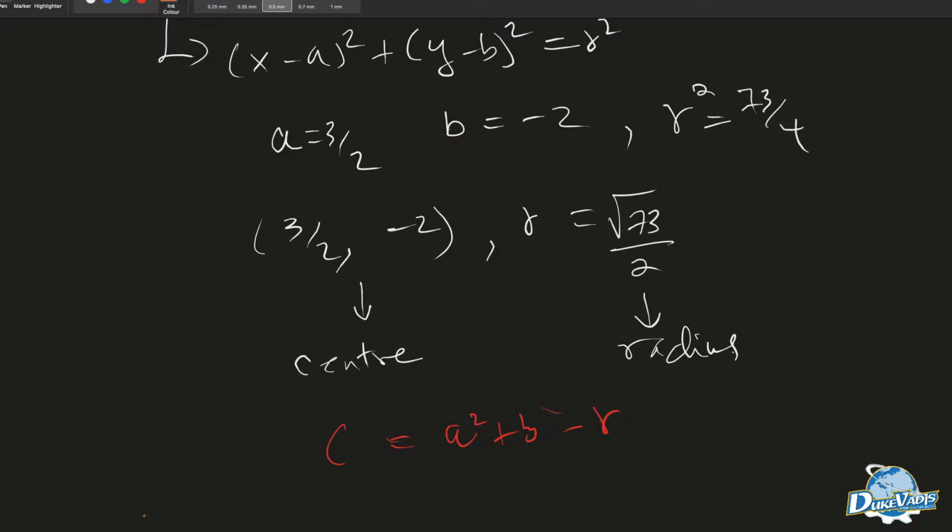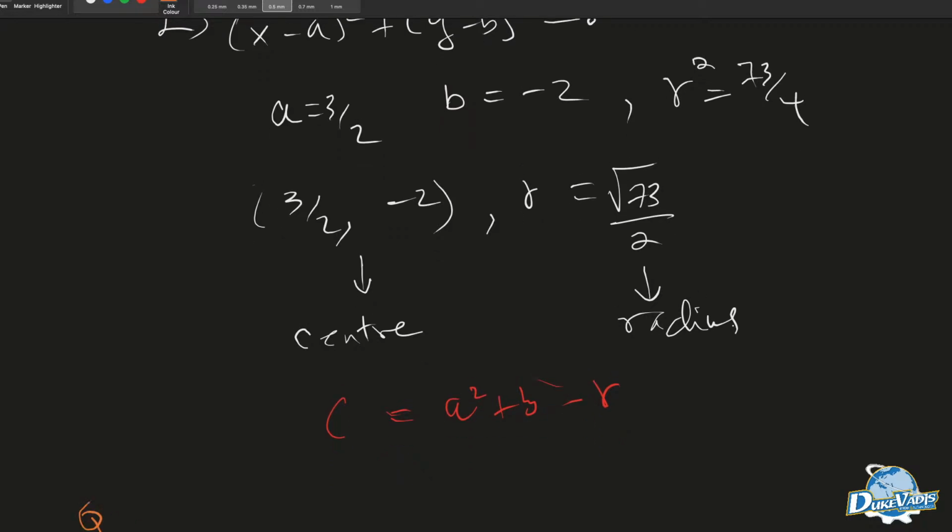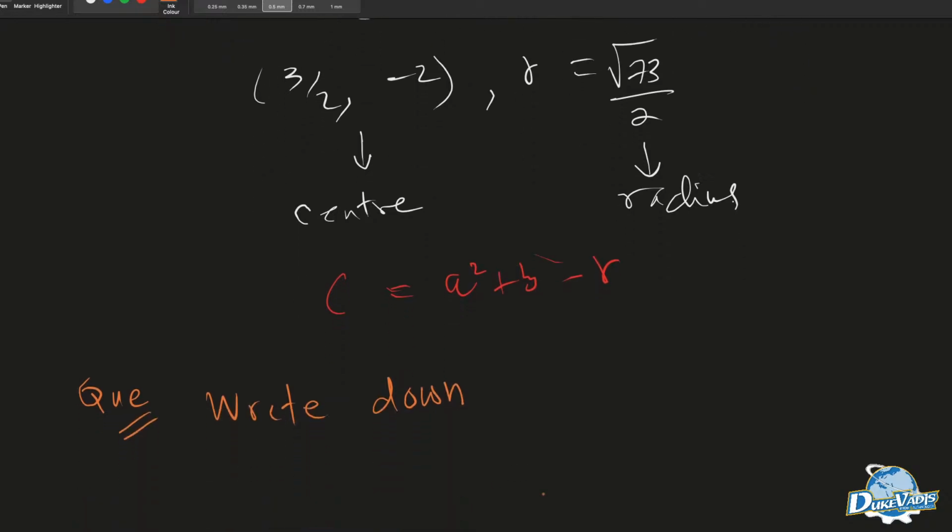The question says, write down. Over here, they say we should write down, meaning it's supposed to be very simple. So write down the center of the circle.